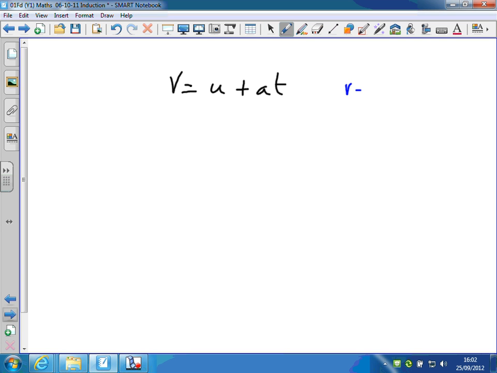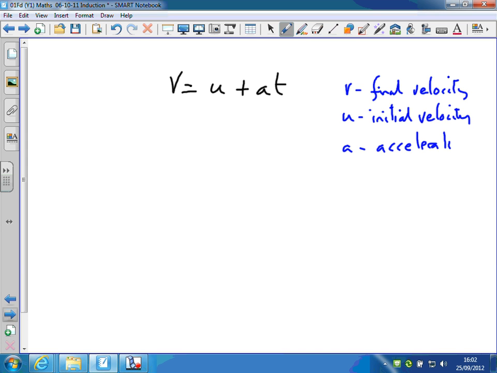So V final velocity, U initial velocity, A acceleration, T time. Very common formula if you're looking at mechanics motion.